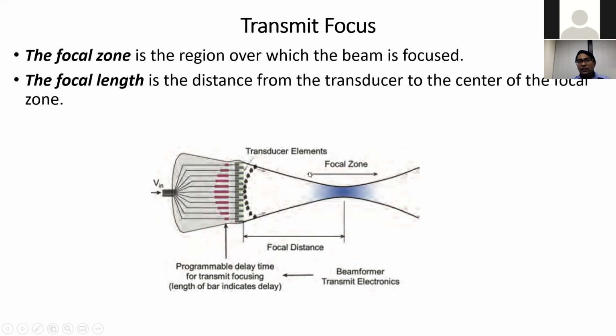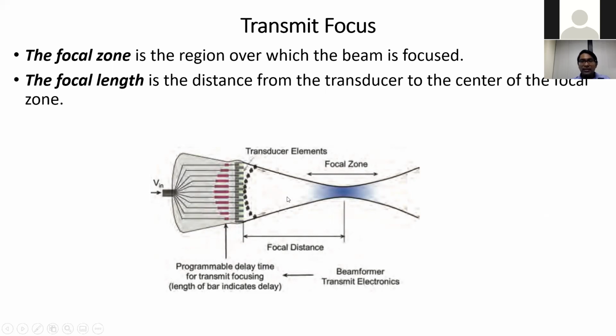This whole region is called the focal zone, and typically it's in the range of a few millimeters. We can focus at any given distance, but for particular applications and particular transducers, there will be some natural focus zones, depending upon how the transducer is constructed and what application it's being used for.